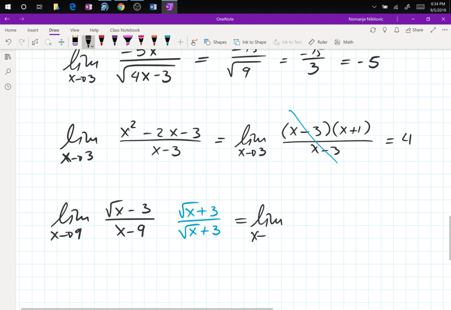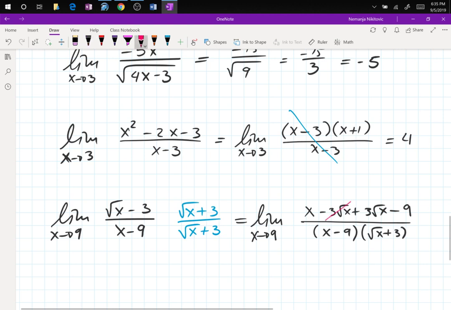So limit x goes to 9. When we multiply, root x times root x gives us x. The middle terms will cancel. So that's negative 3 root x plus 3 root x. They cancel. And then you have minus 9. Now, in the denominator, the trick is to leave it without multiplying, because when these middle terms cancel, you have x minus 9 in the numerator, and then you have x minus 9 that you did not multiply in the denominator.